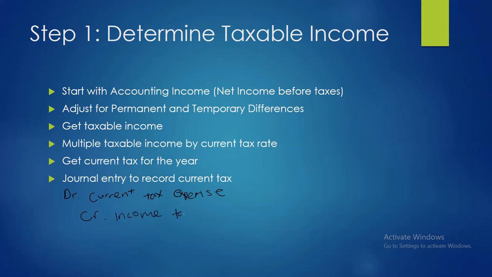Because you're going to eventually have to pay this. So we can list it as a payable, and when the actual taxes are done and you have to pay this amount, you can reverse that. So debit current tax expense, credit income tax payable, which is a current liability. That's what you would do at year end for step number 1. Step number 1 ends at doing this first journal entry for the current tax expense.